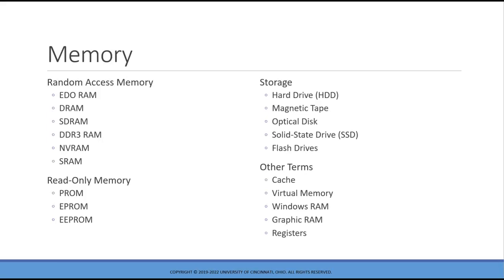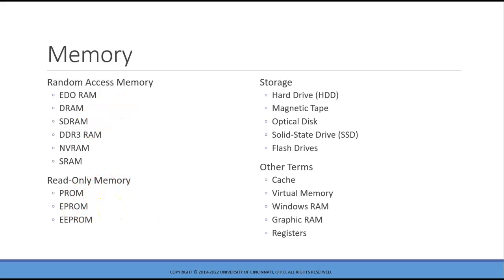You'll see some of these are listed here in the list above. There are three basic types of ROM: programmable read-only memory, erasable programmable read-only memory, and electronically erasable programmable read-only memory. Those are listed here at the bottom.